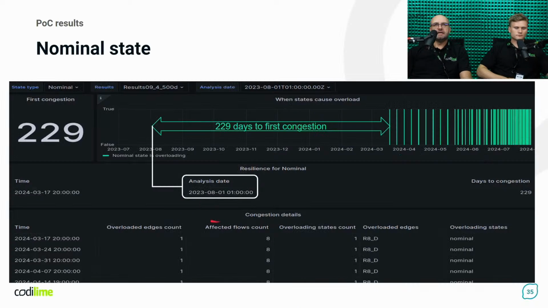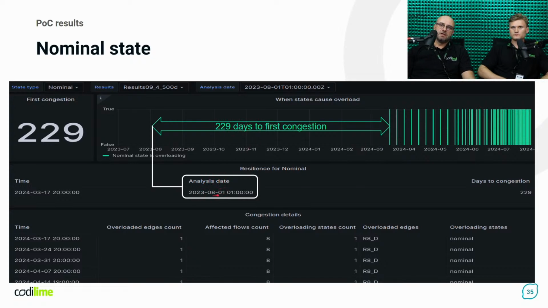So now we would like to present the results of our POC, some Grafana dashboards that we made. This is the first dashboard, which focuses on how many days we have until the first congestion. These are results for the nominal state, and this dashboard always presents the time from our analysis date.